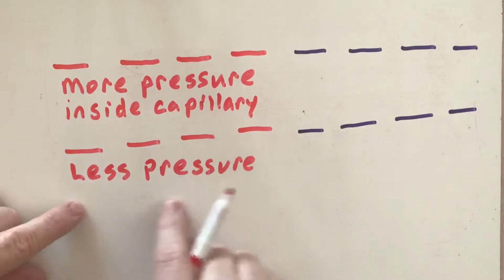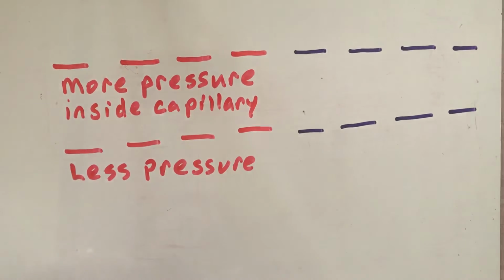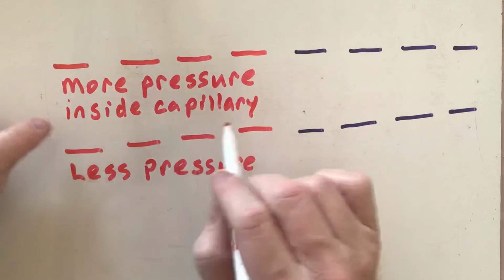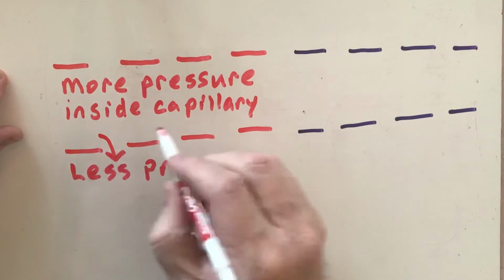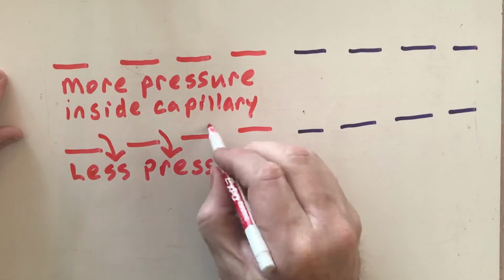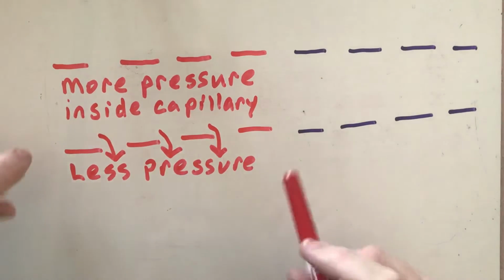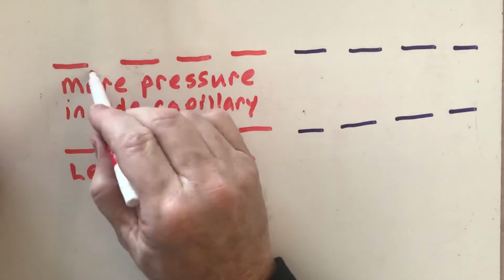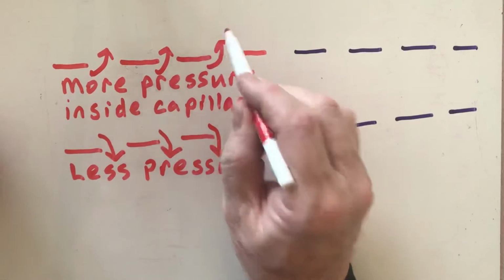Now, I didn't say this is low pressure. I just said in relation, there's more pressure here than there is here. So as materials come in, because there's more pressure here, materials are forced out of the capillary. They actually go through these cells, the endothelium. Okay, so they come out of the capillary and go into surrounding tissue.